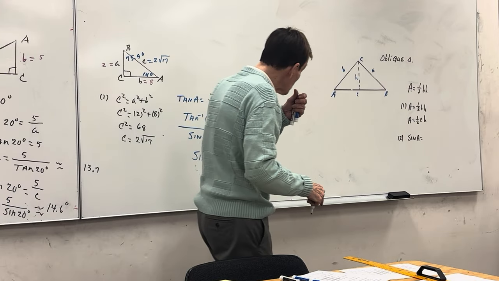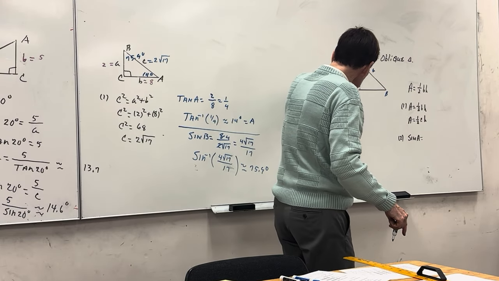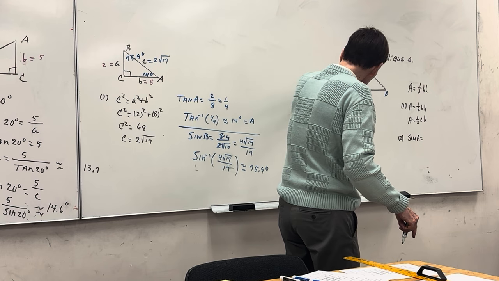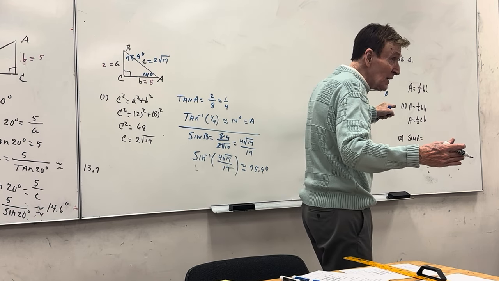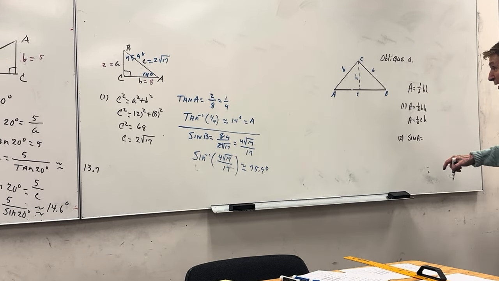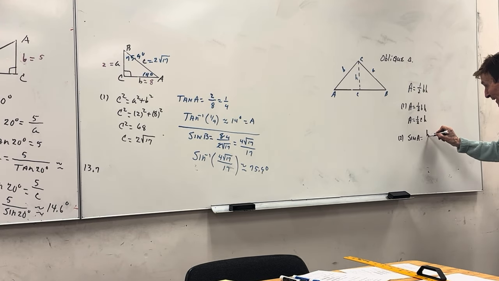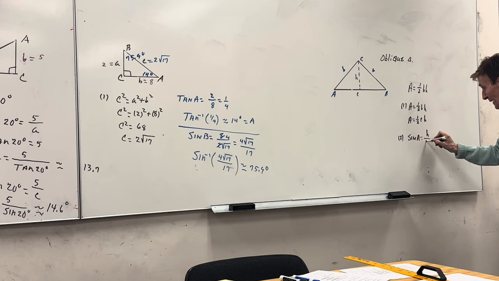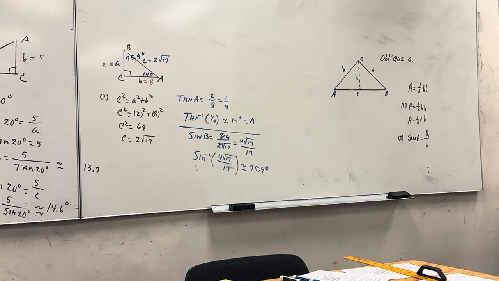And if I place the opposite over the hypotenuse on this right triangle, I'm placing what? H over B? Yeah. Okay, opposite over hypotenuse. And we said angle A. Does everyone agree? That's sine of angle A.